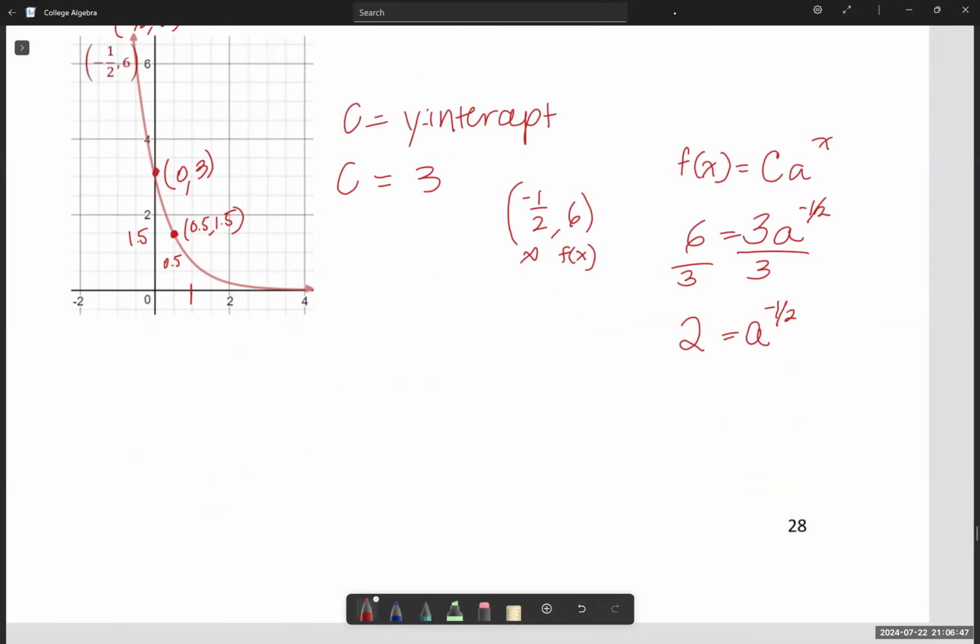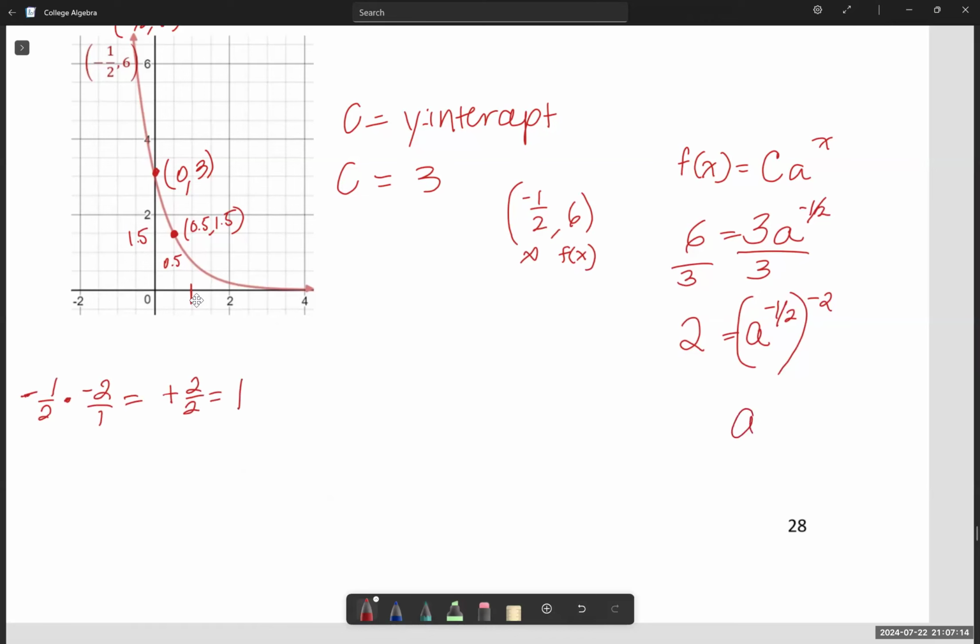This is algebra, so we have to really use some algebra here. The only way to get A by itself is to raise this to the negative 2 power. That is because negative 1/2 times negative 2 over 1 is going to make positive 2 over 2, which is 1.